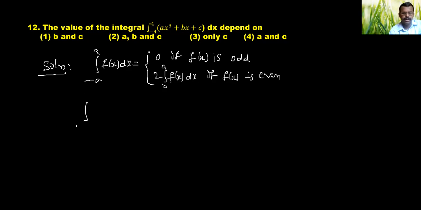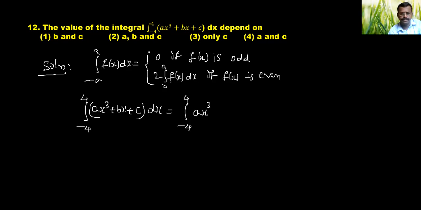So here I write this as the integral from minus 4 to 4 of (ax cube plus bx plus c) dx. This equals the integral from minus 4 to 4 of (ax cube plus bx) dx plus the integral from minus 4 to 4 of c dx.